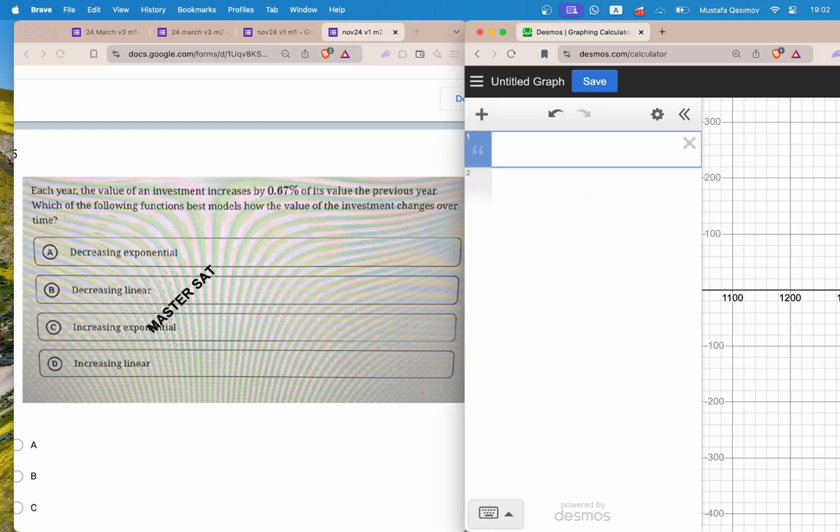Let's look at here also. If you have increases of its value every year, it is exponential.